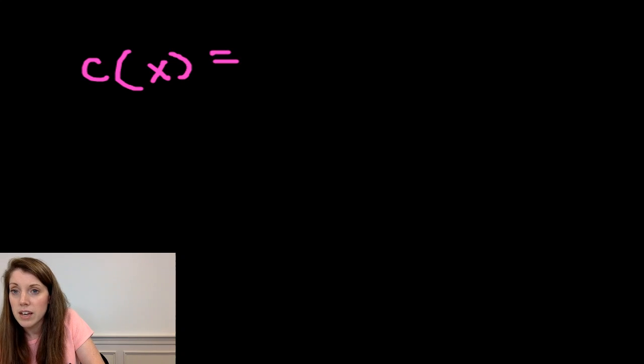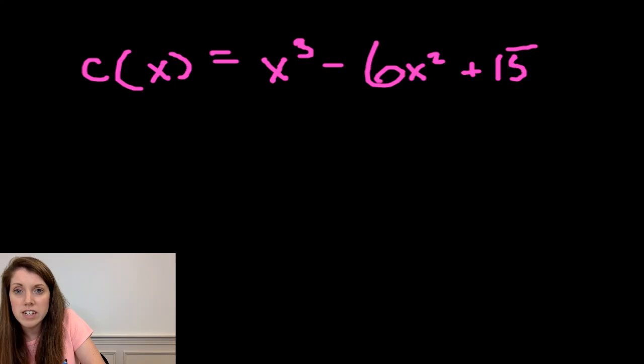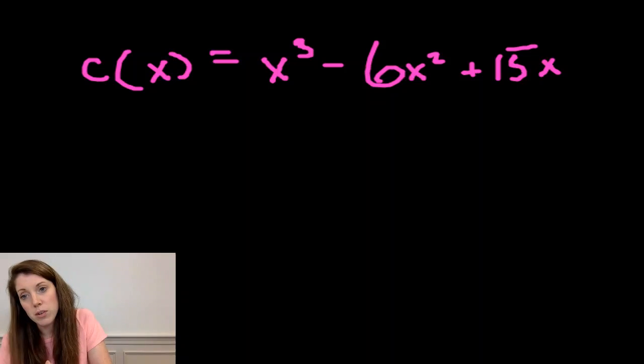So it says, suppose that it costs C of X equals X cubed minus 6x squared plus 15x dollars. So this is a cost equation in terms of dollars, which we would expect, at least in the US, to produce X radiators.